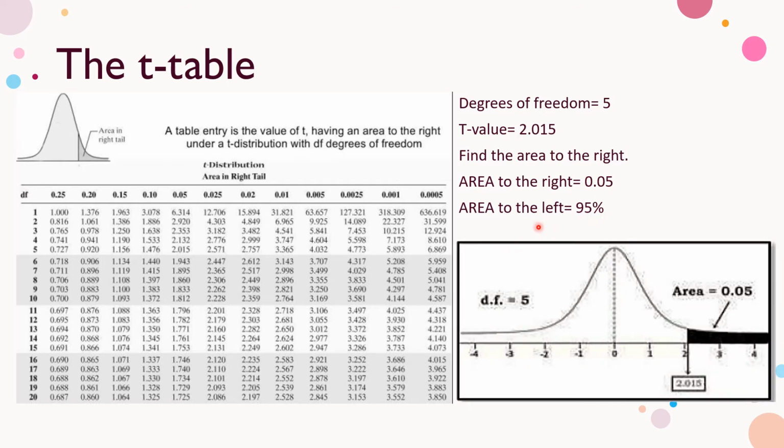This is an illustration of this problem. We have here 2.015 along the horizontal axis, or that is the t-value. And then this black shaded part is the area to its right, which is equivalent to 0.05, or that is 5%. The area to its left, this unshaded part, is equal to 0.95, or that is 95%.